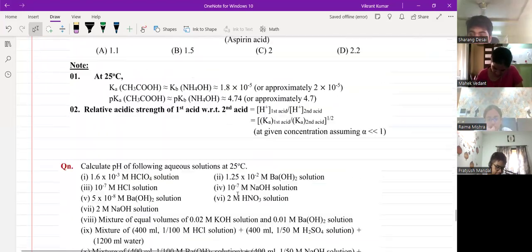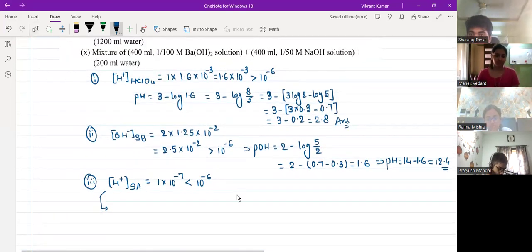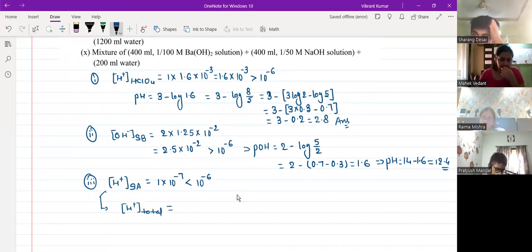But even if you don't remember, you should know the basics of how to reach the formula as soon as possible. So in this case, H plus total will be, I have called it C, C plus under root C square plus 4KW, upon 2.